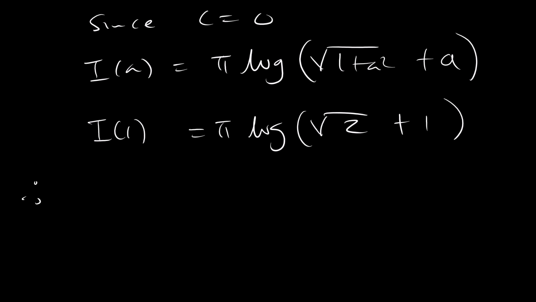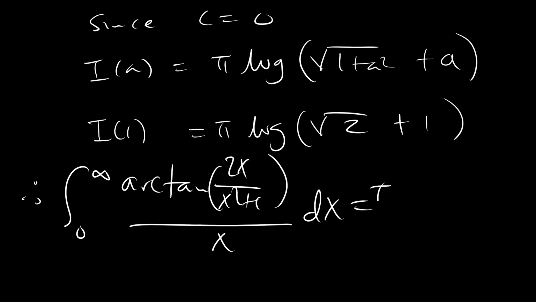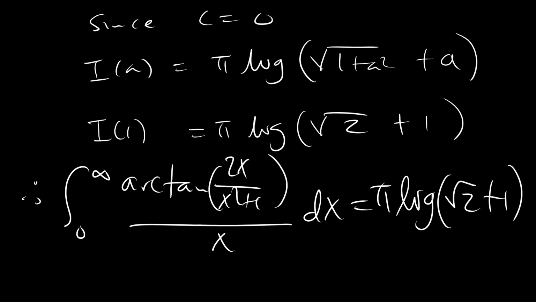Therefore, our original integral that was very interesting for us, which is the integral from 0 to infinity of the arctangent of 2x over x squared plus 1 over x, is equal to pi times the natural logarithm of the square root of 2 plus 1.